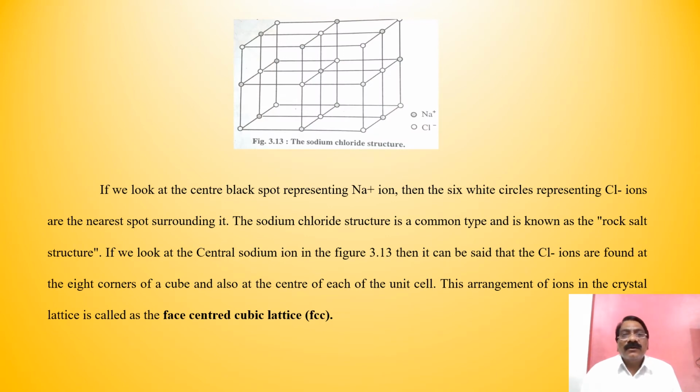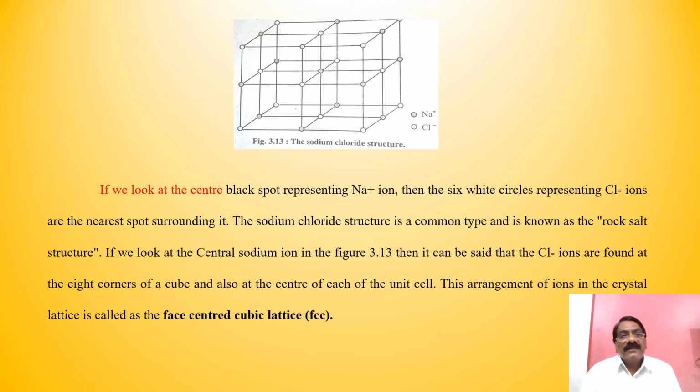See the structure of NaCl crystal, the sodium chloride structure. Here Na+ and Cl- are alternately arranged. The small dark circle indicates Na+ and the somewhat larger hollow circle indicates the Cl- ion in the structure, and we have the alternate arrangement of Na+ and Cl- throughout the structure.